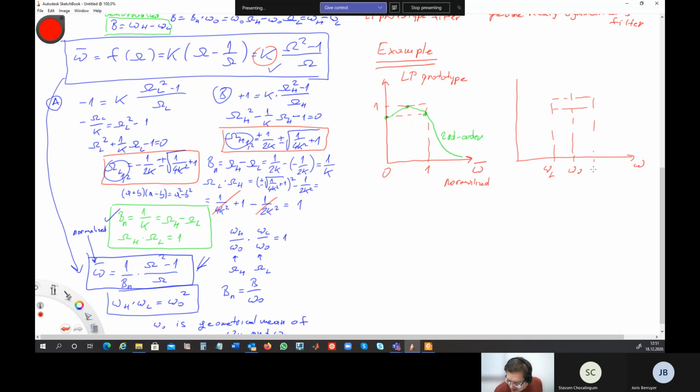This is omega L, omega H. This here is called bandwidth. And then, of course, omega 0 is the square root of omega H times omega L. This is the geometrical mean. And the characteristic looks like this.